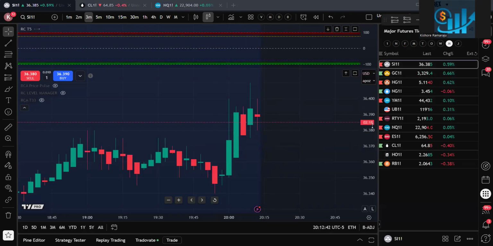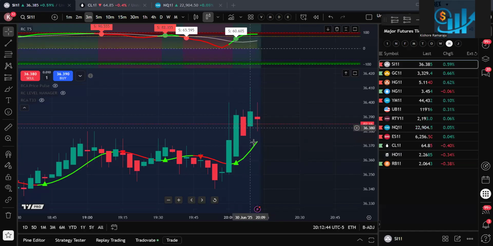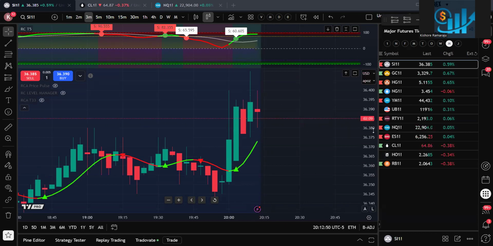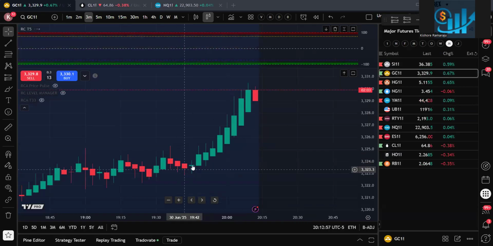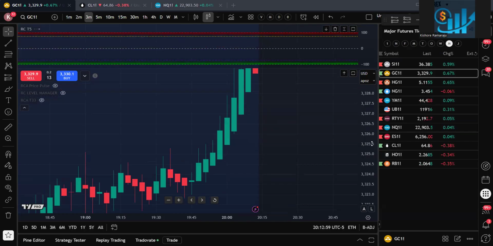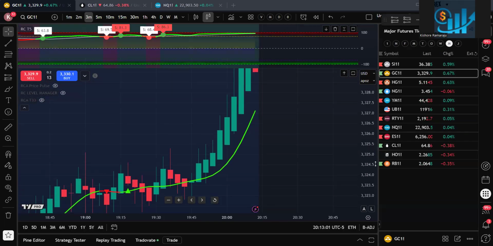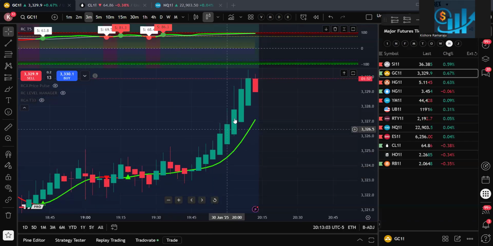If you see silver, if you see a lot of big wicks at the top and big wicks at the bottom, that means the ticker is consolidating or there is no proper direction. Better you don't take the trades. If you see gold, there was a nice bullish move.